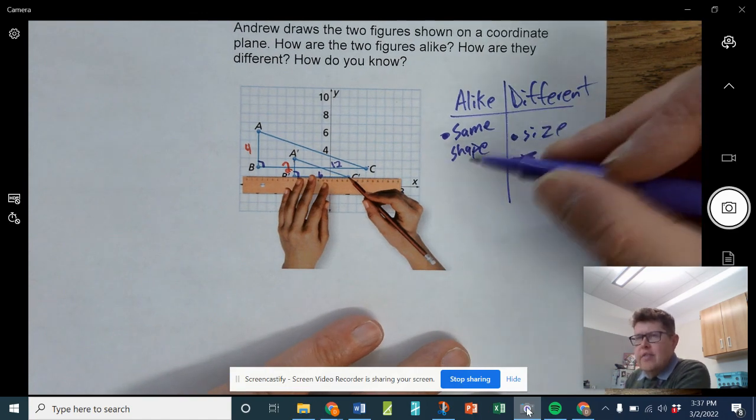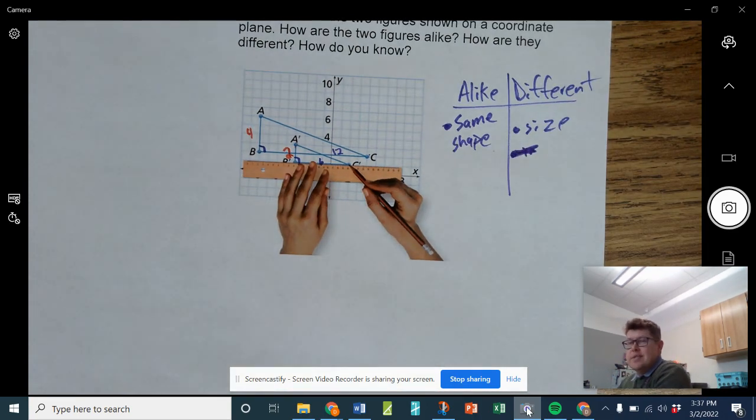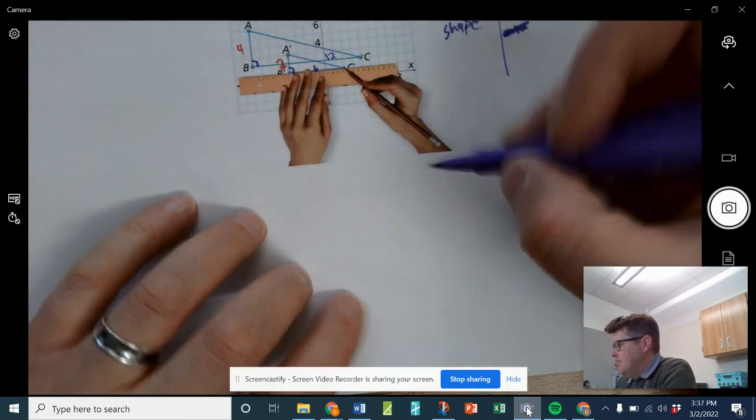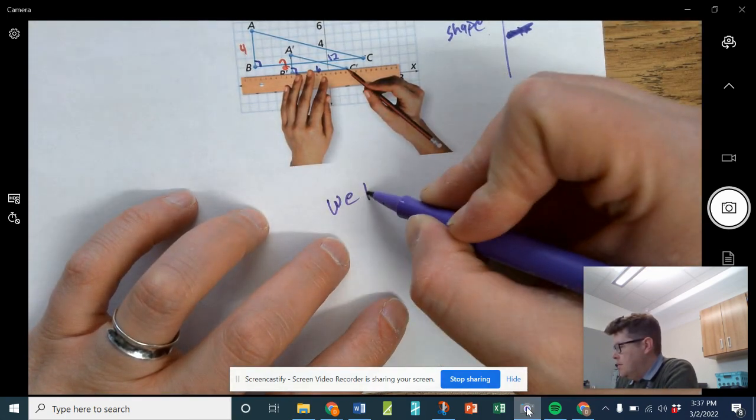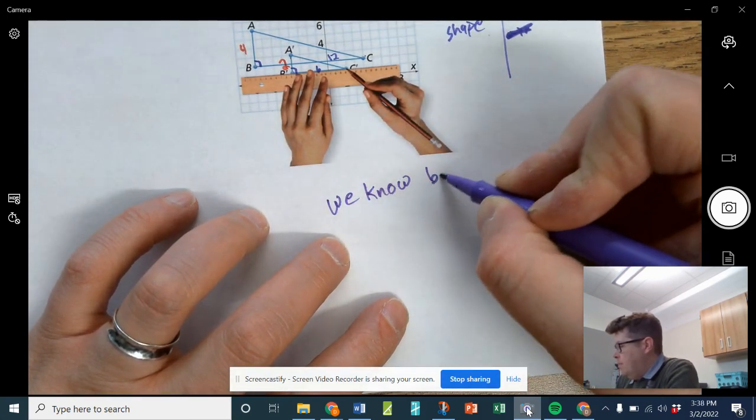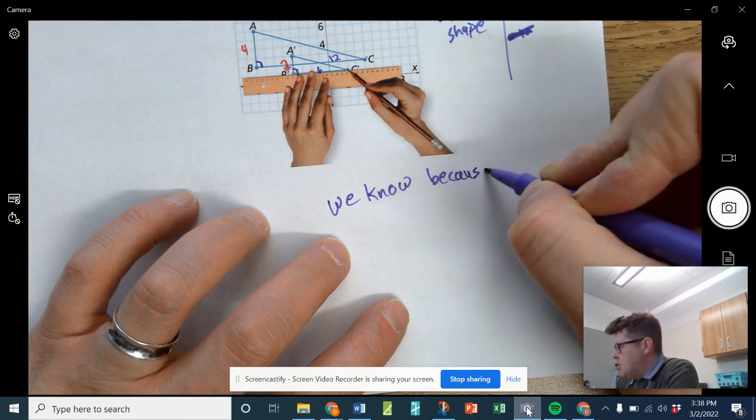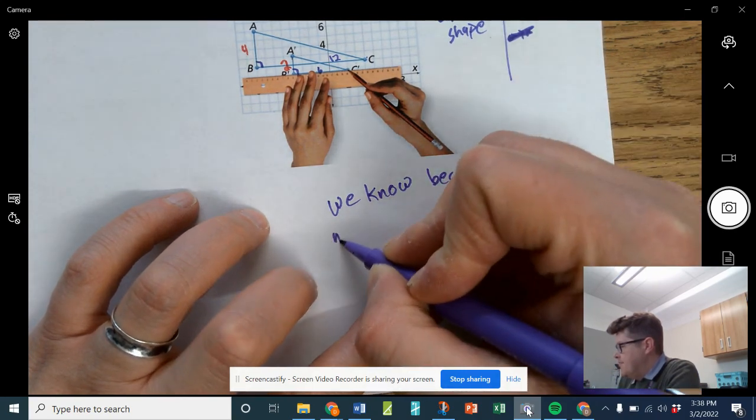So alike in that they're the same shape, different in that they're different sizes, right? And technically, each side is in the same proportion as the other sides. So yeah, how do you know? Well, we know because we measured and compared the sides.